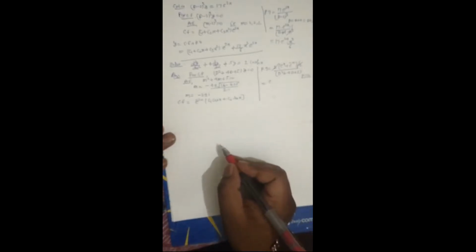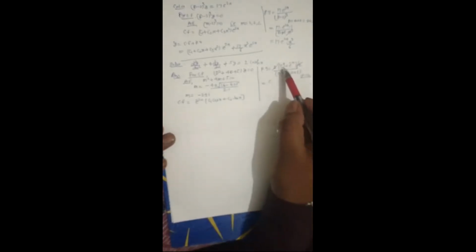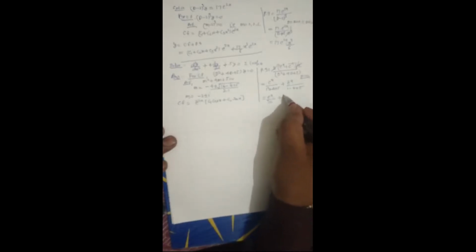In the first case D equal to a equal to 1, or in the second case D equal to a equal to minus 1. Then e to the power x upon 1 square plus 4 plus 5, plus in the second case e to the power minus x upon 1 minus 4 plus 5. This is equal to e to the power x upon 10 plus e to the power minus x upon 2.